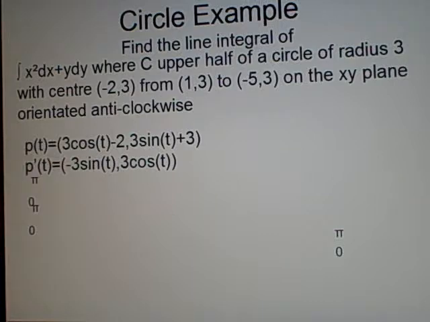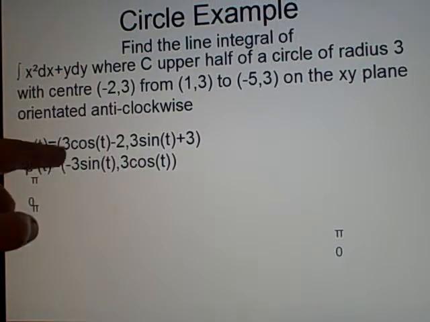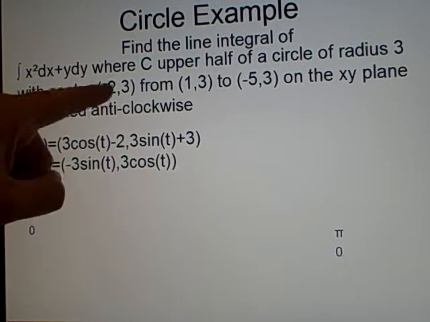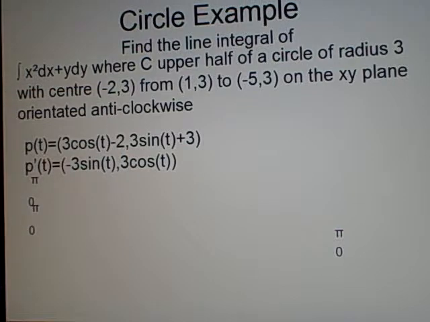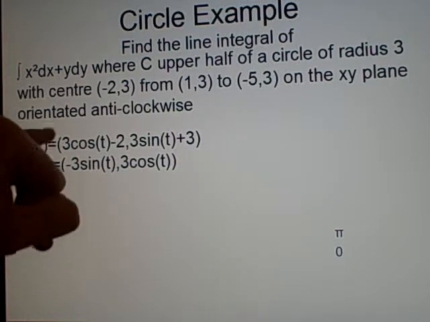Now, like I said before, this is our parameterization. We have x is r cosine t. Now, because we have a shifted center, we subtract 2, and we add 3 to the y, and then we differentiate.